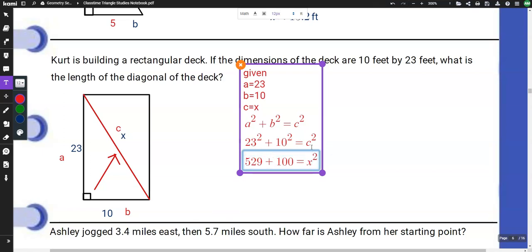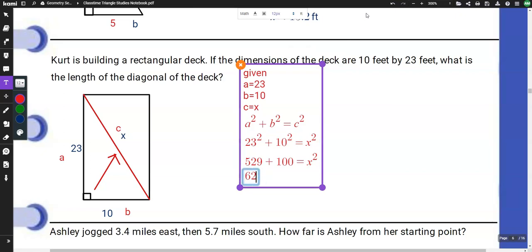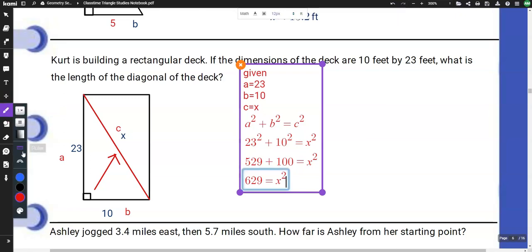I didn't do my substitution on this one. I apologize for that. And then 529 plus 100 is 629. And then we're going to go ahead and take the square root of that number.